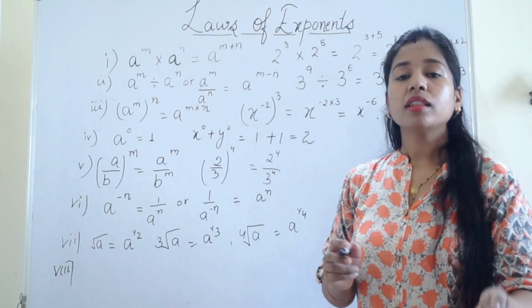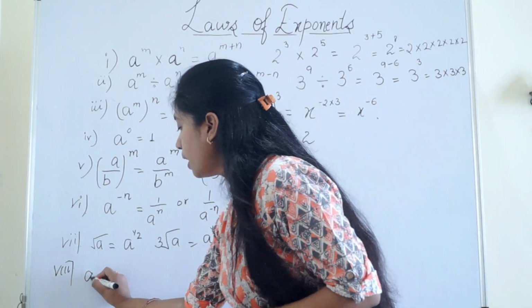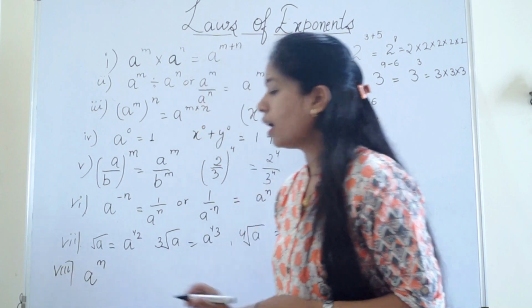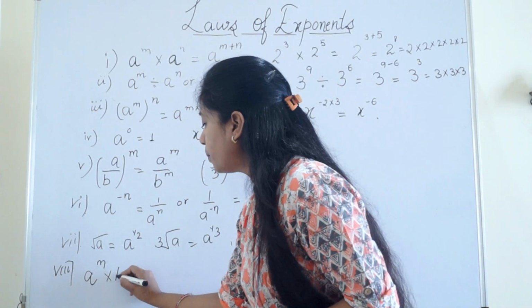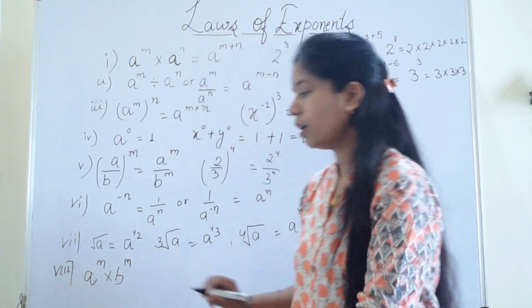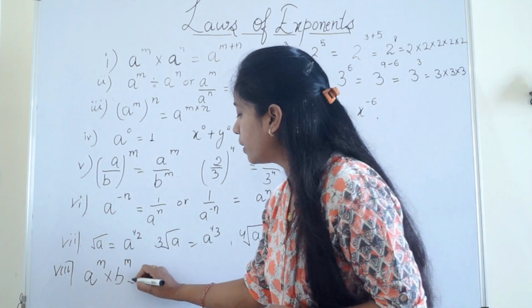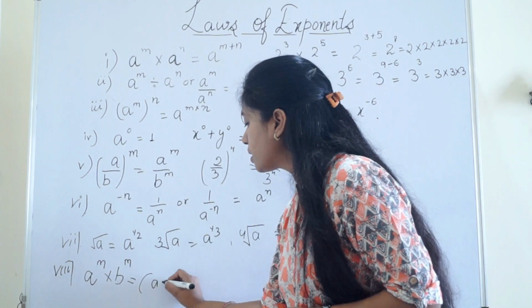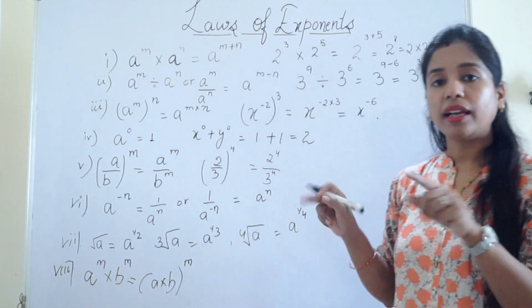Now the next law is, suppose this time the powers are the same but the bases are different. I have a base a with power m, and another base b with power m. Here the bases are different but the powers are the same. In this case we multiply the bases and put the power on the whole.